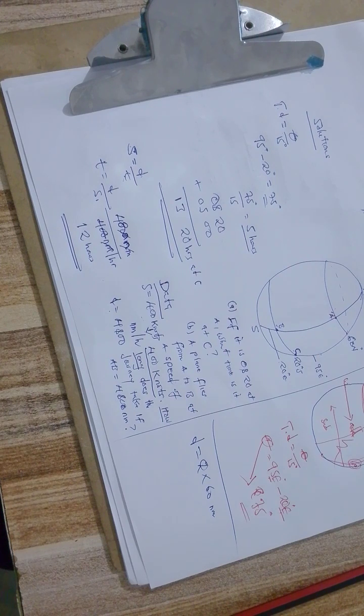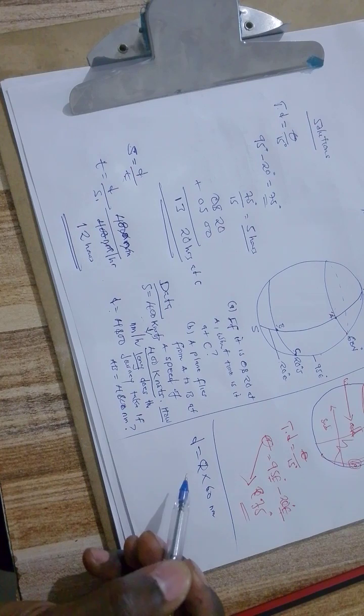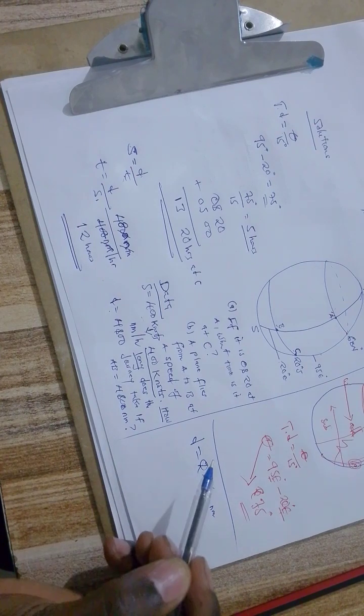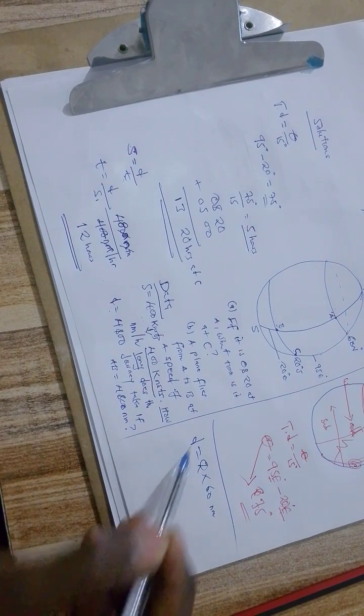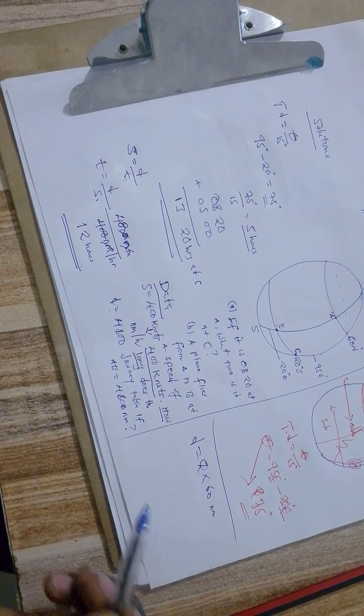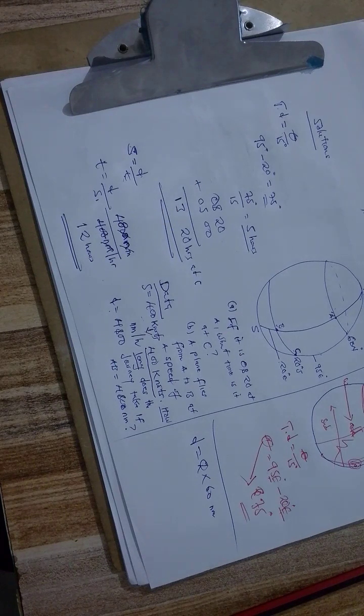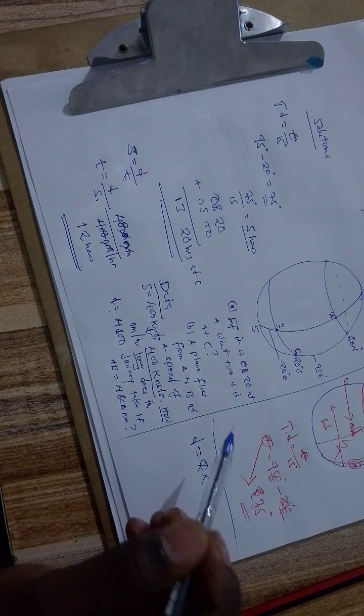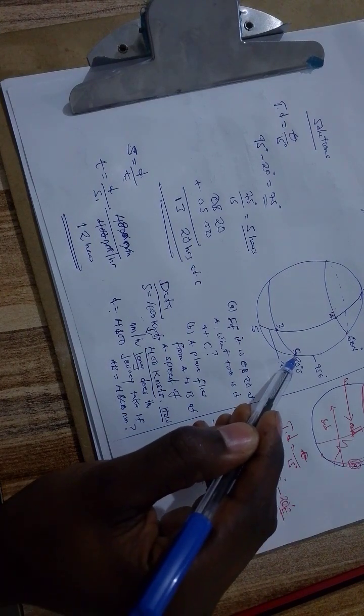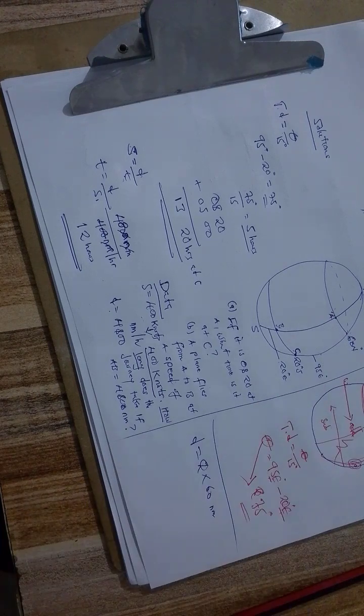A question may come where it demands you first find the distance, then the time will be given, and you find the speed. There are also questions where they ask you to find the value of a latitude. That is the other part we're going to look at in the next lesson.